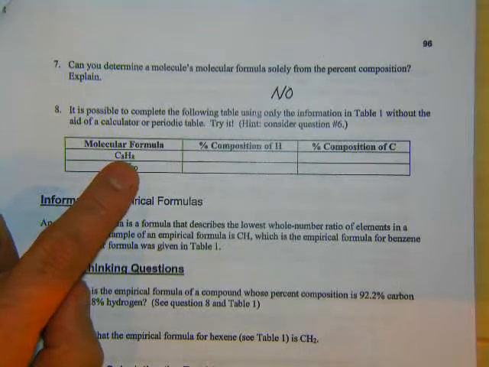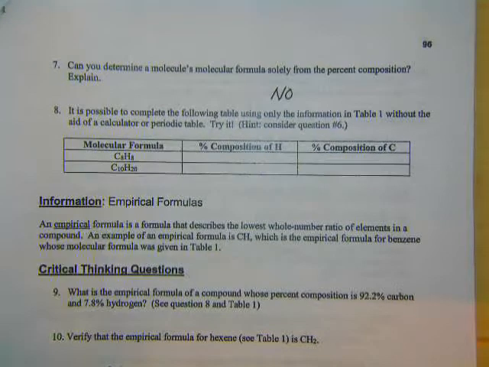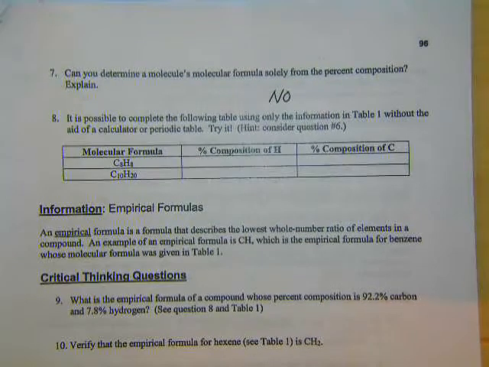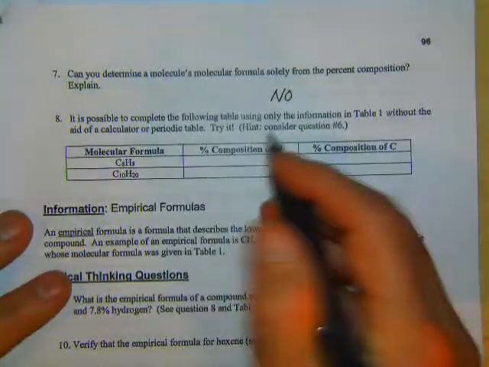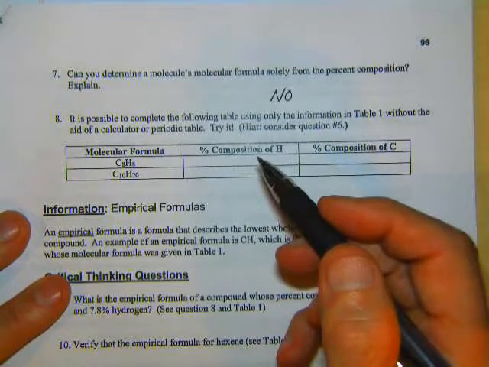This is 1 to 1, and this one is 1 to 2. I would suggest that at this stage of the game, in this particular class, the ratios are different here. If you want to know the percent composition, go back and do what we've been doing.